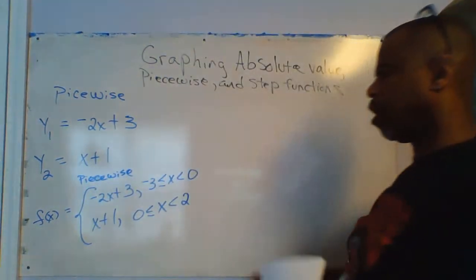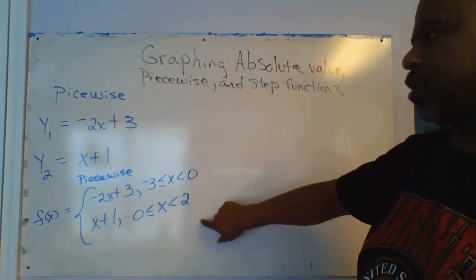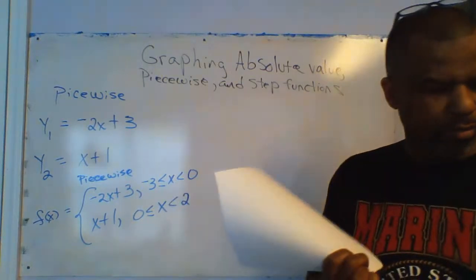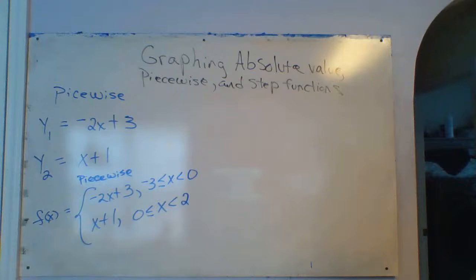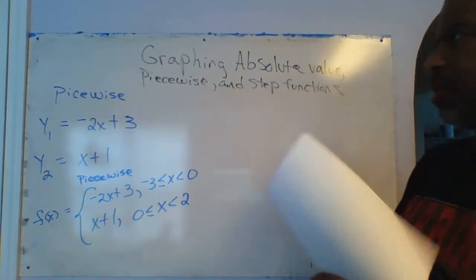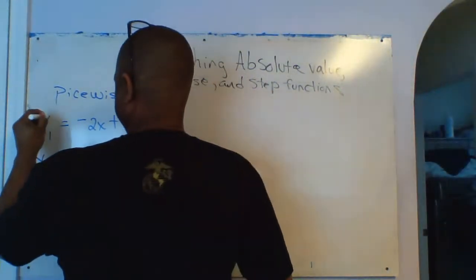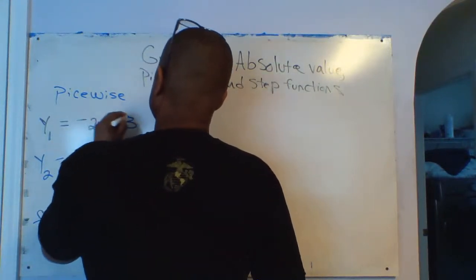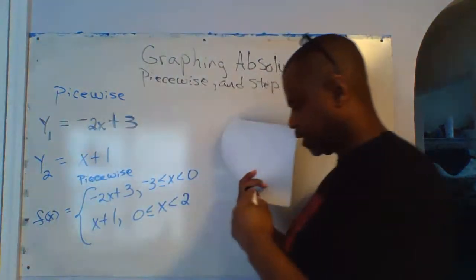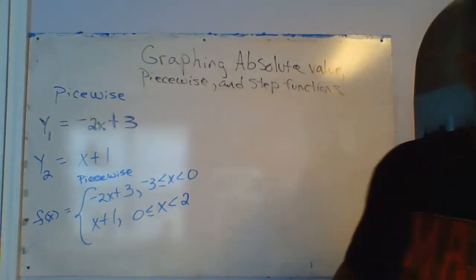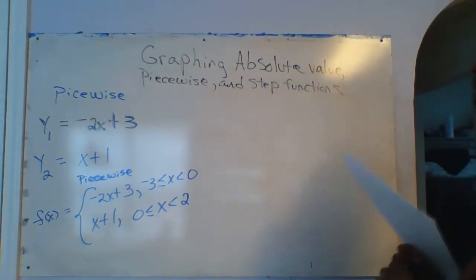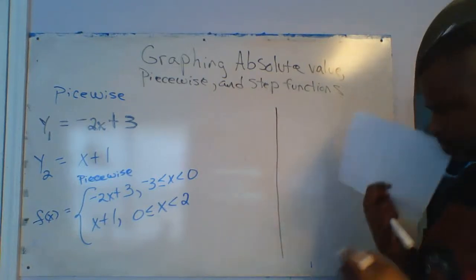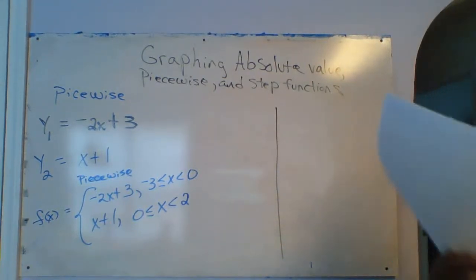In other words, we only want a piece of each one of these. We only show a piece of each one of these functions. Let me make it a different color. We're going to let the first one be black and the second one be blue. We're going to graph like we normally do. I guess I need to use the blue because it's darker.